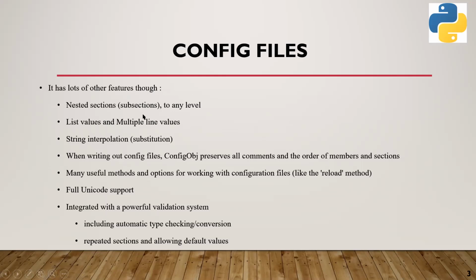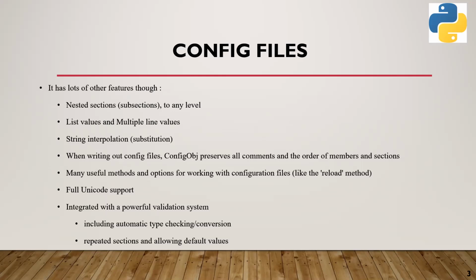It has a lot of other features, like nested sections. A config file normally has sections; we'll go deep into that later on. It has list values and multiple line values, and interpolations. When you are writing down the config objects, they preserve all the comments and the order of members and sections.